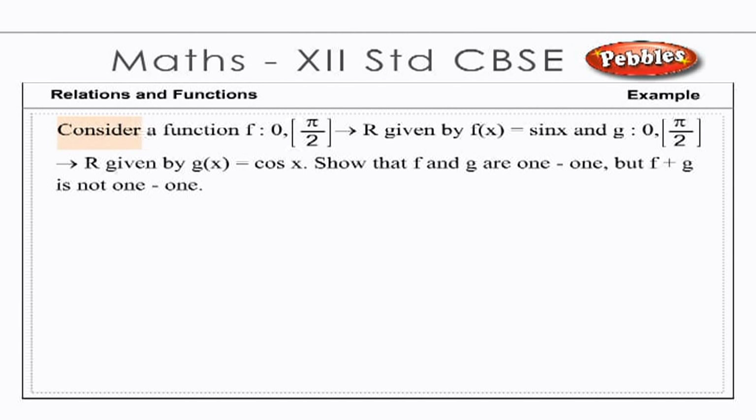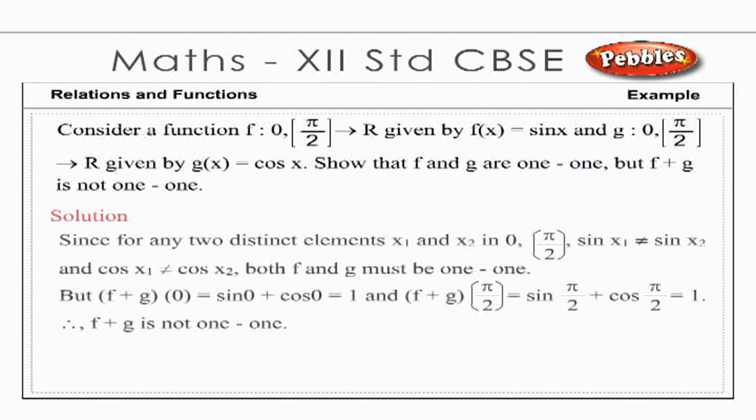Example. Consider a function f from [0, pi by 2] to R given by f of x equal to sin x and g from [0, pi by 2] to R given by g of x equal to cos x. Show that f and g are 1 to 1 but f plus g is not 1 to 1. Solution.